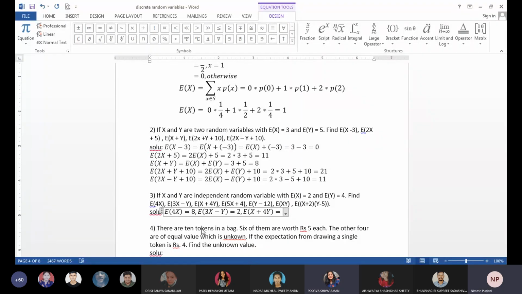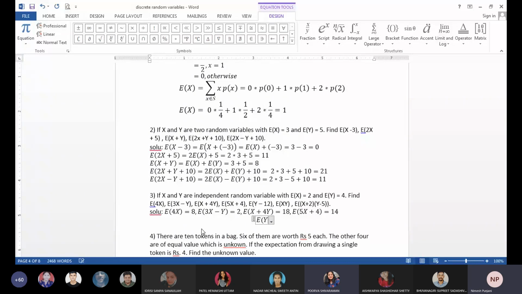Expected value of x plus 4y? 18. Then 5x plus 4? 14. Y minus 12? Minus 8. Very nice.